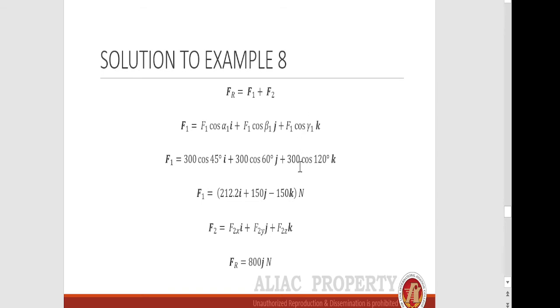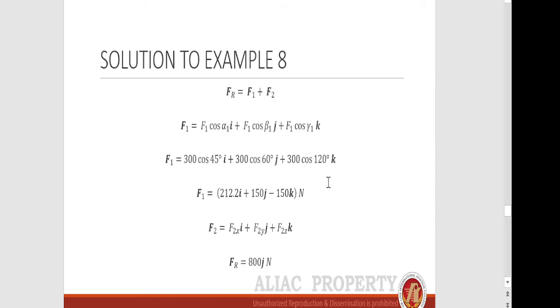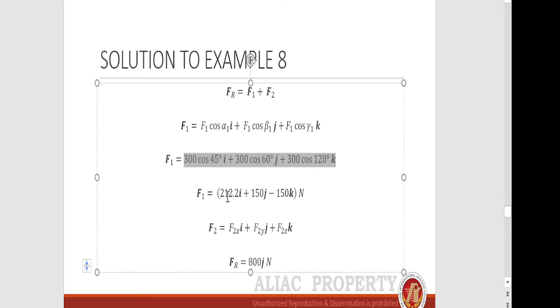So here also F1 300 cos gamma, that is the angle made by the vector to the z-axis, that is 120. So just substitute. When you substitute and solve, you will get the answer, that F1 is equal to 212.2 i plus 150 j minus 150 k newtons.